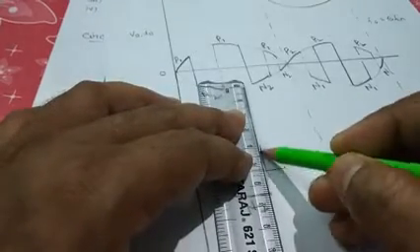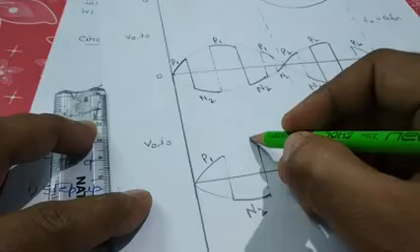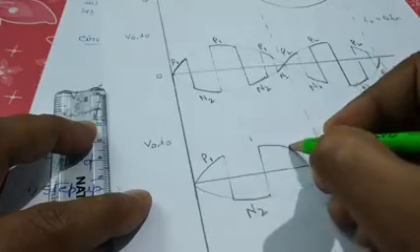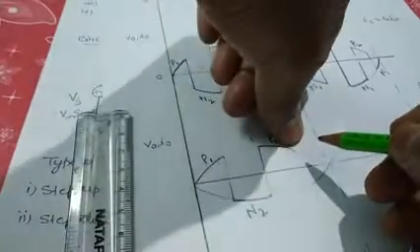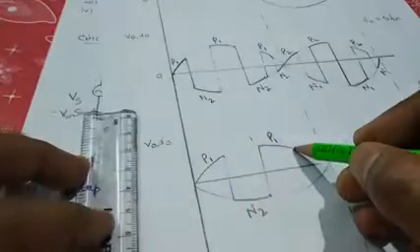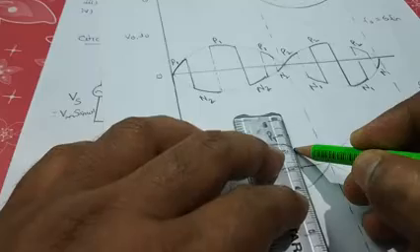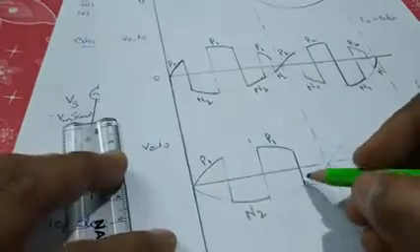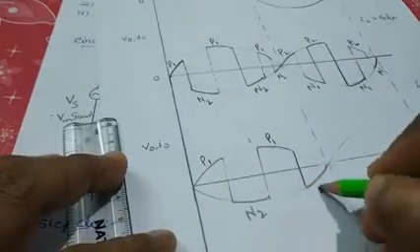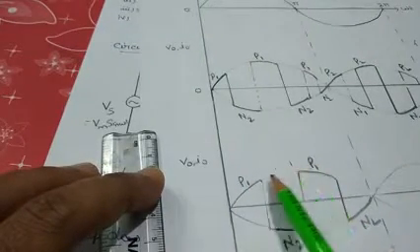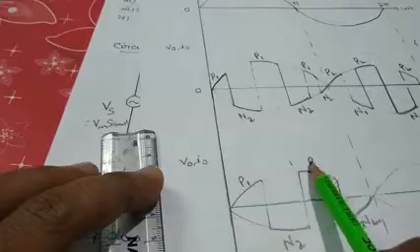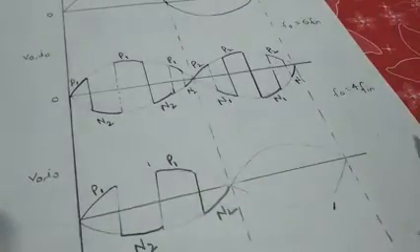Again we will trigger P1 here, and turn off P1 by forced commutation here, and again we will trigger N2 here. So 2 times P1 is triggered and 2 times P1 is forcefully commutated, and that's why our frequency will be boosted by 4 times.